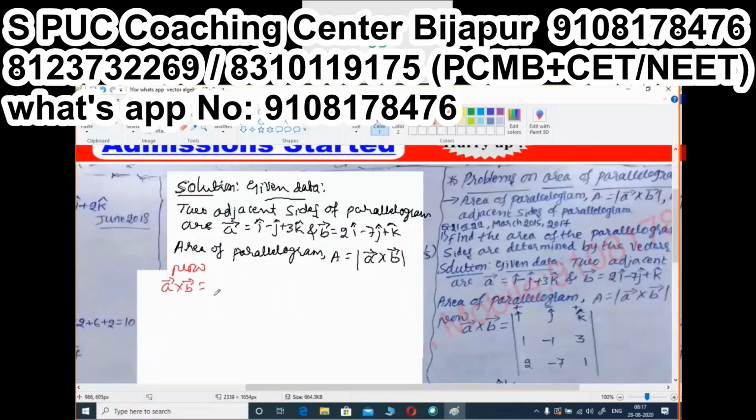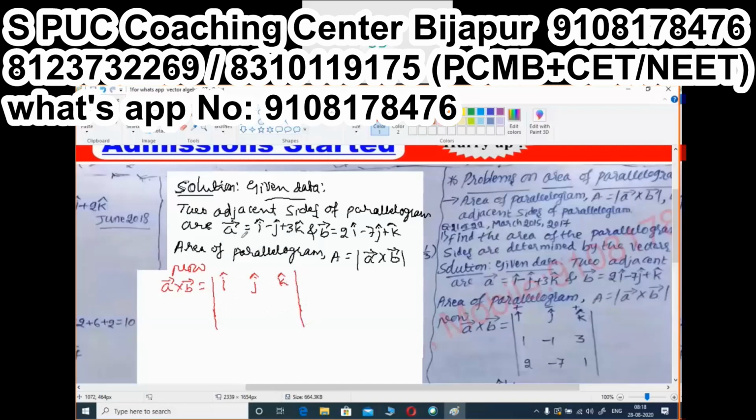As I stated, you have to write the first coefficients. So i cap, j cap, and k cap in the first row, and thereafter coefficients of the first vector in the second row. This is the determinant of i cap, j cap, k cap, written in the first row.